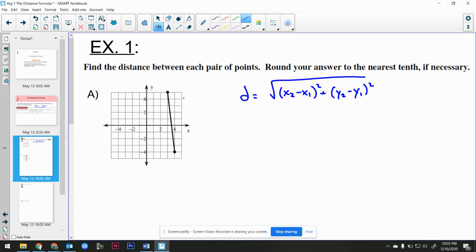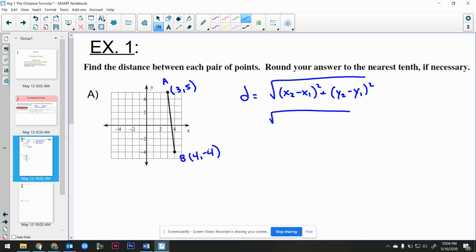So let's figure out what our x's and y's are. So let's call this point A and call this point B. Find the coordinate here. This looks like it's (3, 5). And point B looks like it's at (4, -4). Okay, now it doesn't matter which one you call x1, y1 or x2, y2. It doesn't really matter.